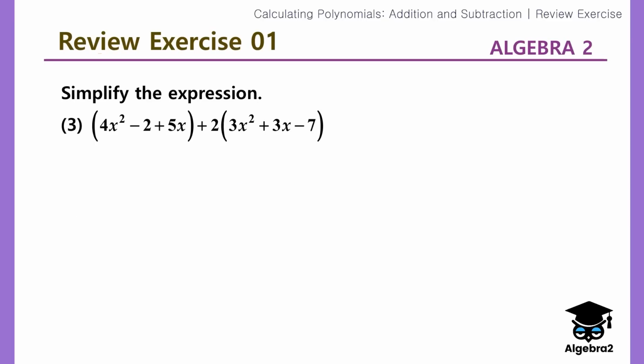So our answer is just negative 3x squared plus 3x. Number 3, solve the parentheses. 4x squared minus 2 plus 5x. 2 times 3 plus 6x squared. 2 times 3x plus 6x. 2 times minus 7, that's minus 14.